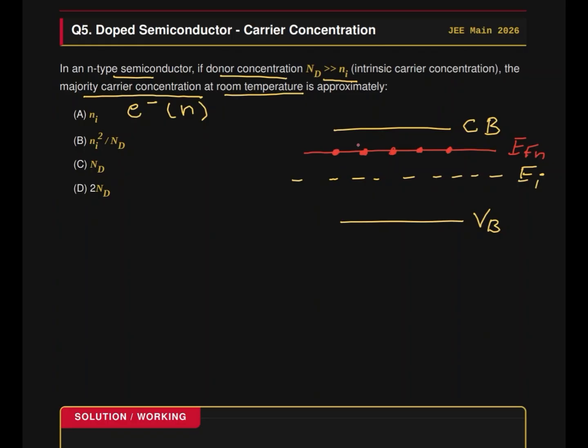These electrons will be going into the conduction band, right? And we will also have some electrons here also. This will go below room temperature. This thing is known as impurity ionization.